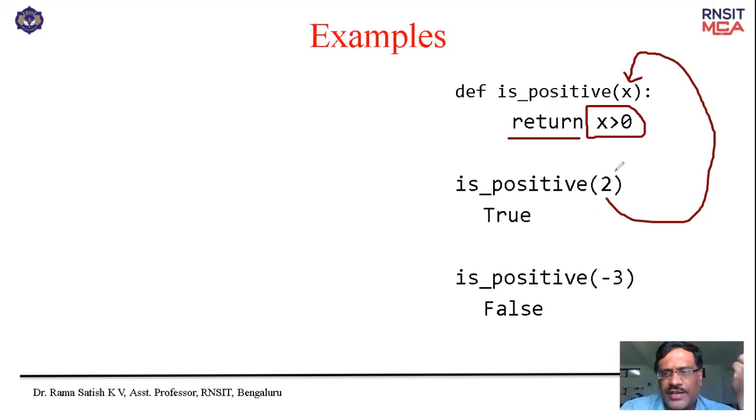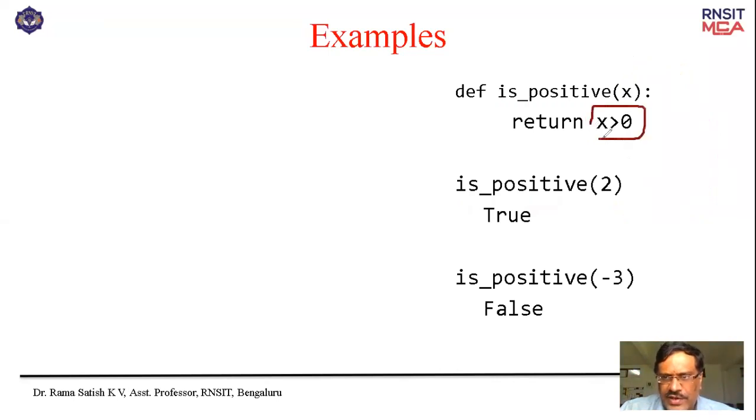All false values you can say are negative numbers. That's why is_positive is a user-defined function that you are defining here, and you are just using the same function. And the thing that you should understand is this part. Okay, see, directly you are returning the result of the relational expression. Directly you are returning. That is the thing.